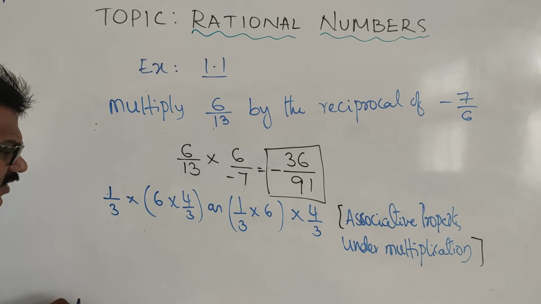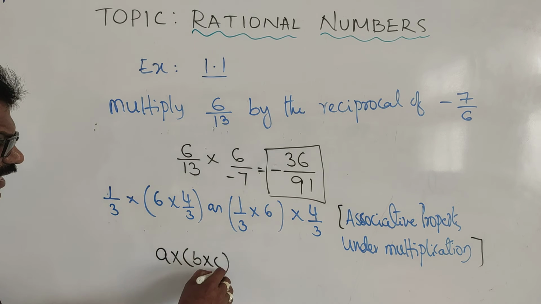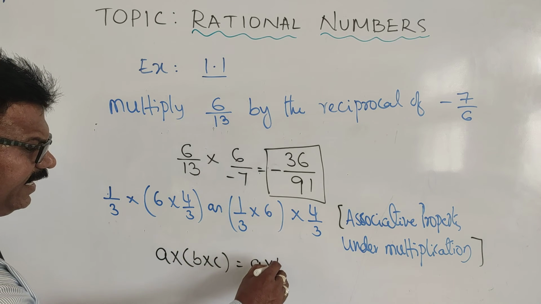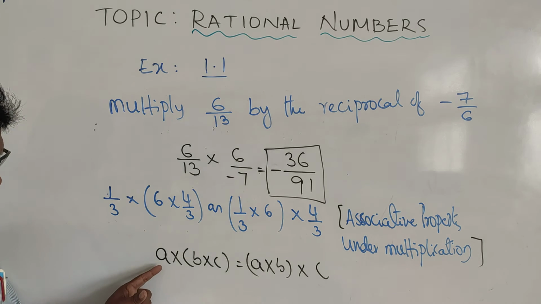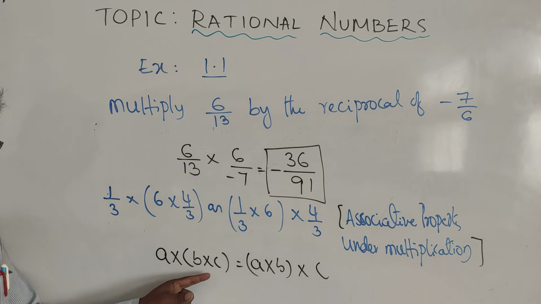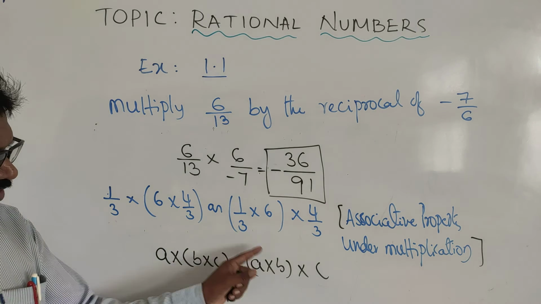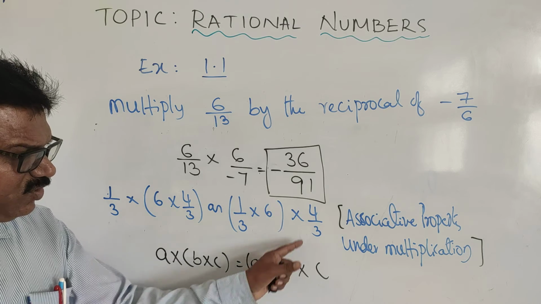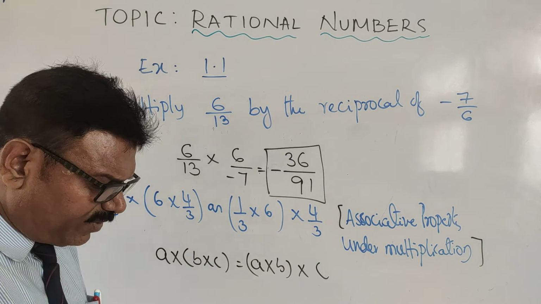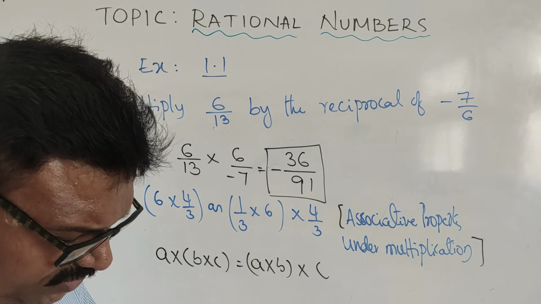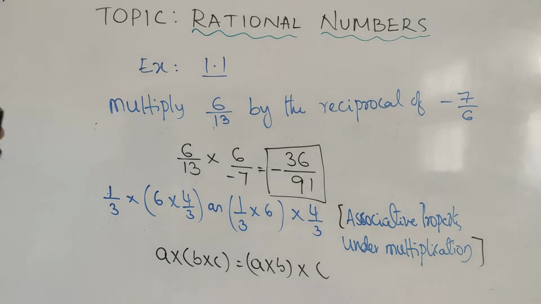You can remember it like this: A into B into C equals A into B into C, with the bracket on B into C in one and on A into B in the other. So it is nothing but the associative property under multiplication. Okay? Very simple. Good. Next question.